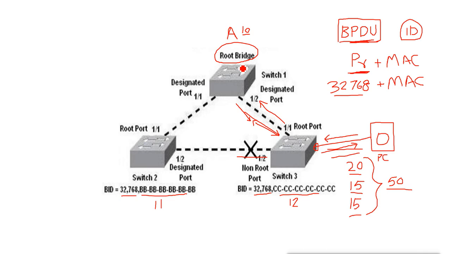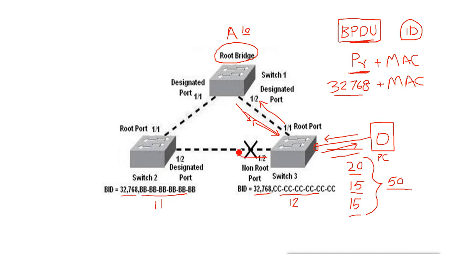Now what does the root bridge do? The root bridge is there to define the network, how the network will work, and all the other switches will work from the perspective of this root bridge. They will work based on how they can reach the root bridge, and based on that they will make decisions. If any topology change happens, it is informed to the root bridge, and the root bridge will inform these changes to the other switches.